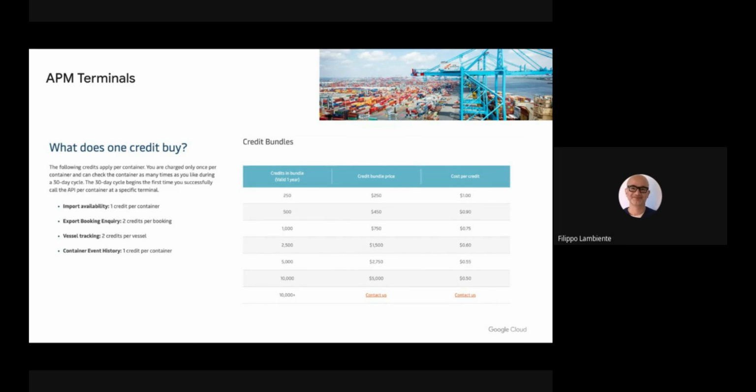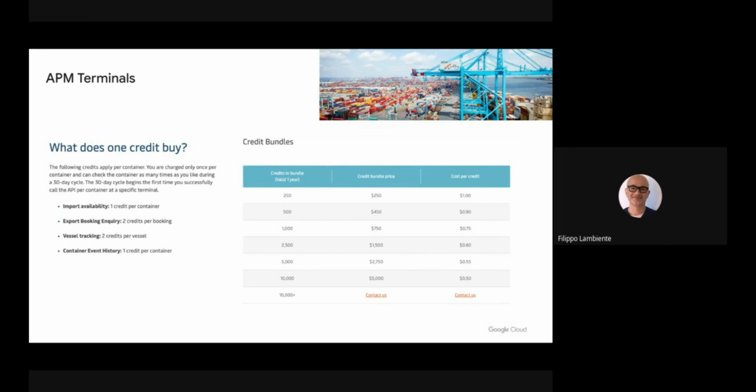So from one aspect, they provide tracking visibility to their customers. Their customers are more than happy to pay if they have visibility on their particular container that is being shipped. And on the other side, APM Terminals are also able to generate additional revenue. So not only do they satisfy the customer more, but they also generate additional revenue by providing this type of feature.